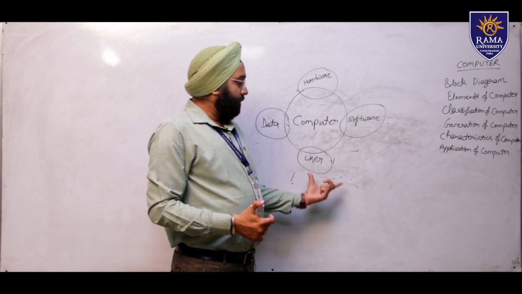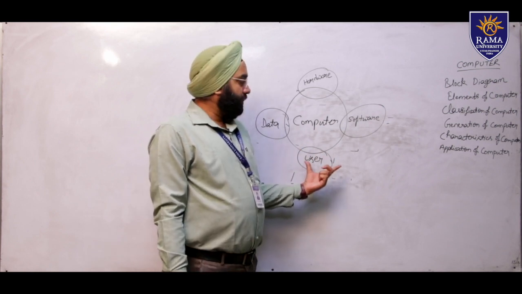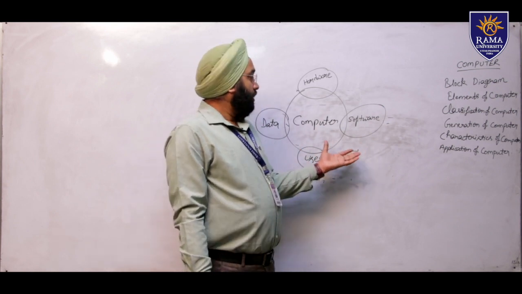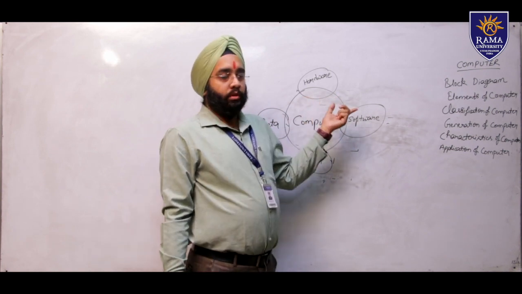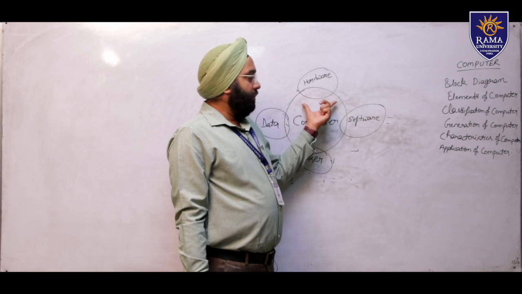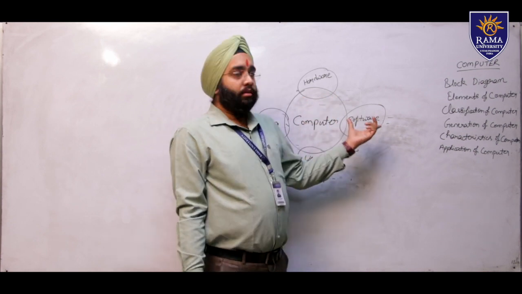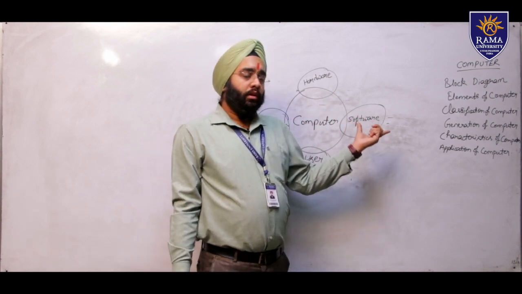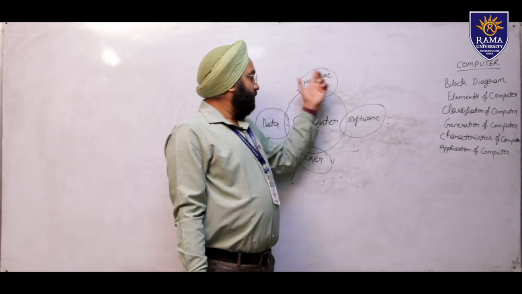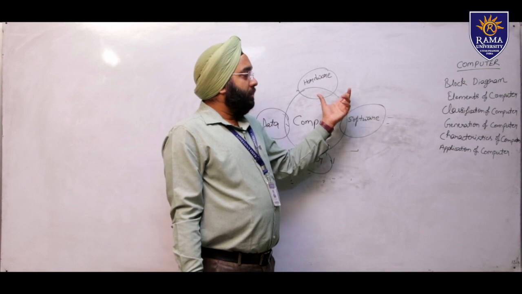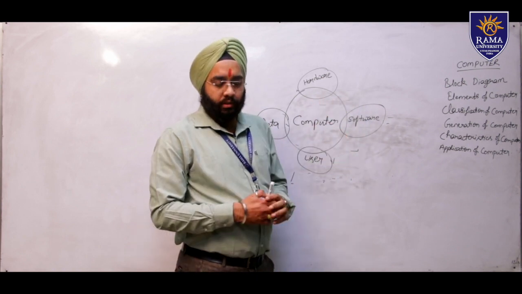That work will be done with the help of the user. A specific user will work on it, and we need software and hardware both. With the help of the computer system we can work on the data, and we need some specific software, either system software or application software. With the help of these 4 elements we can work with the computer system.